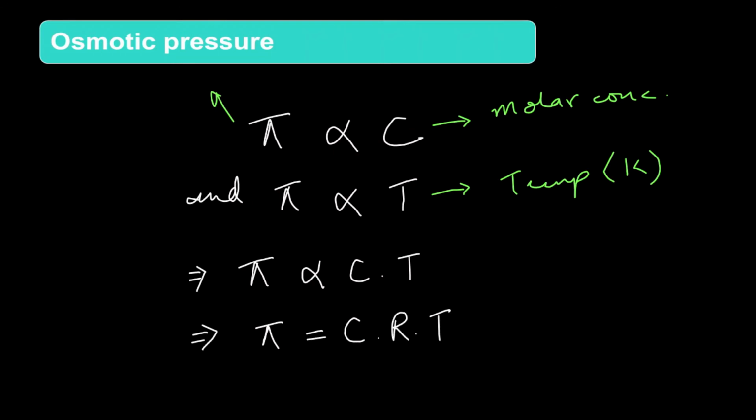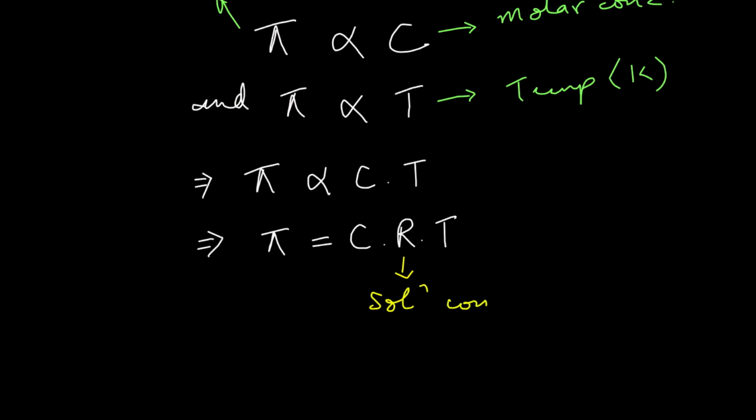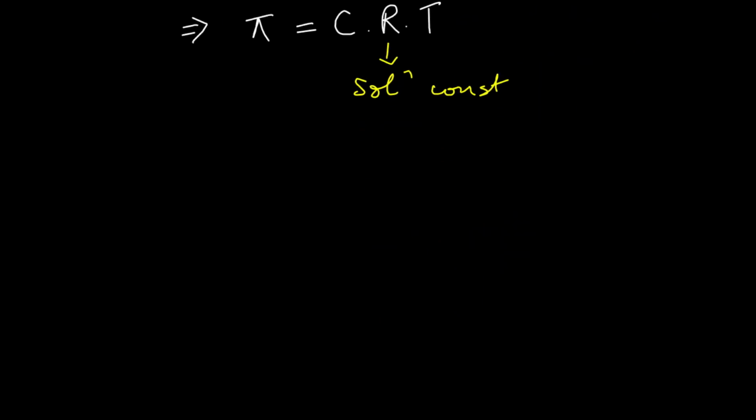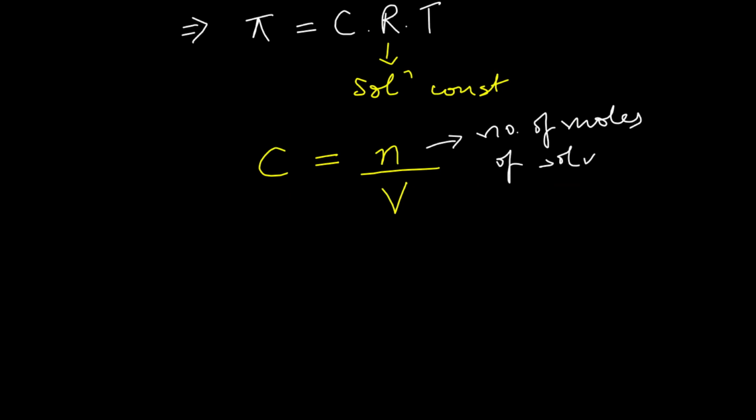Now here R is known as the solution constant, and its value is found to be the same as that of the gas constant. We also need to remember that the molar concentration C is equal to the number of moles per volume, or per liter, of the solution. And here n denotes the number of moles of the solute, and V is the volume of the solution in liters.